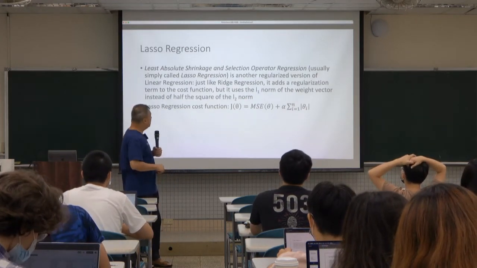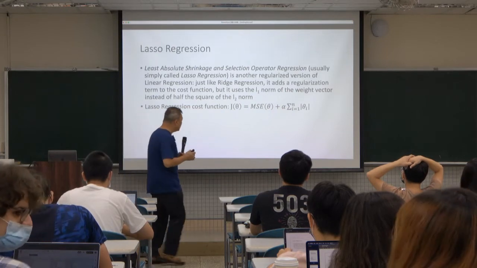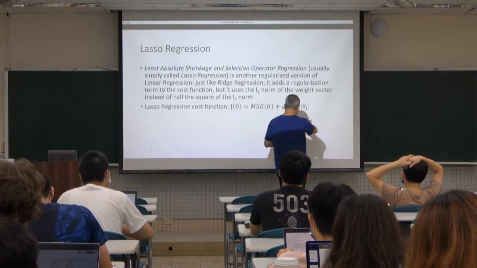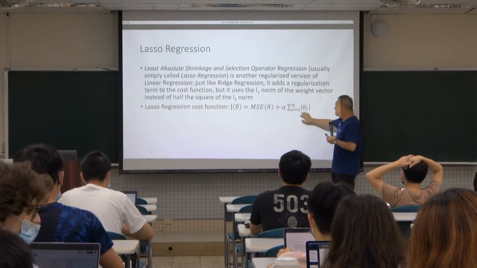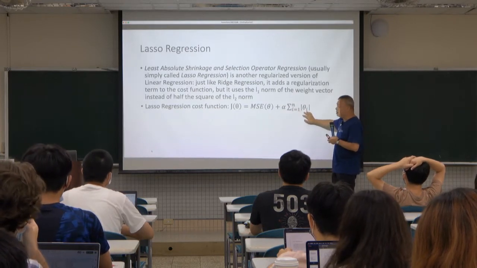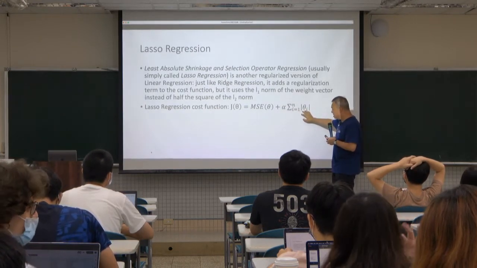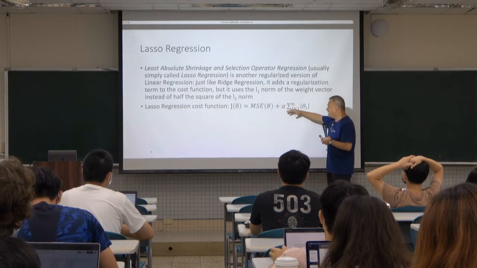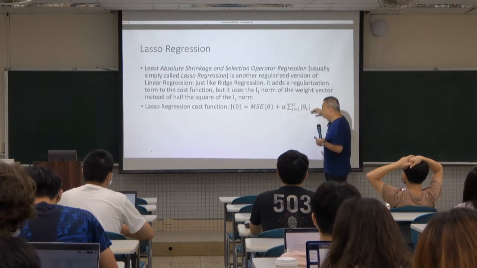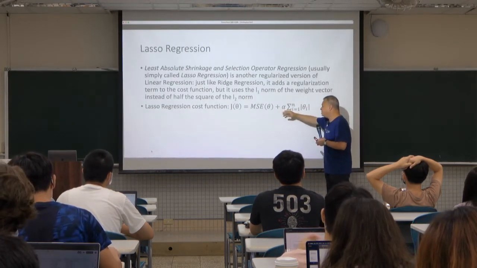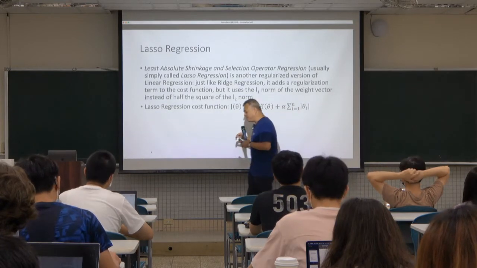But for lasso, we use the sum of the absolute values of all the coefficients. We add this term to the cost function as a penalty.